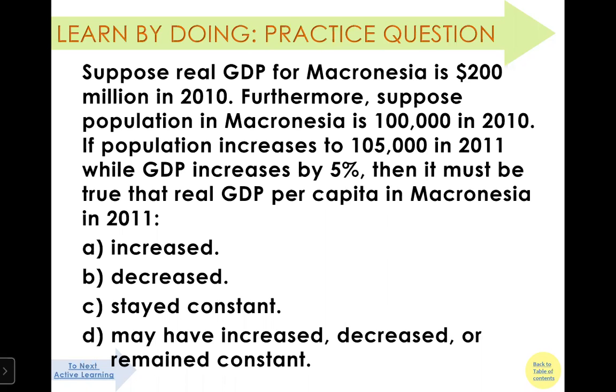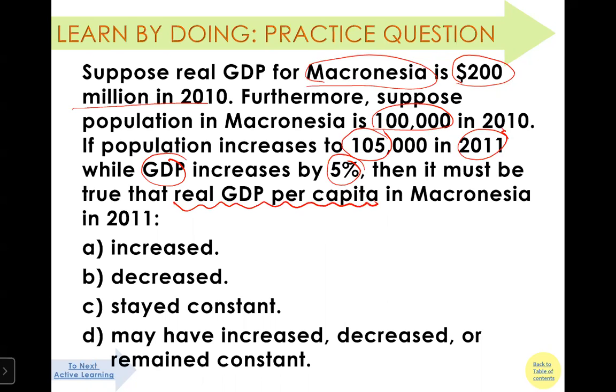Suppose real GDP for Micronesia, a fictional economy, is 200 million. This is a total. Suppose population is 100,000. Now we move to 2011. Population increased to 105,000. Total real GDP increased by 5%. The question asks, what happened to real GDP per capita?